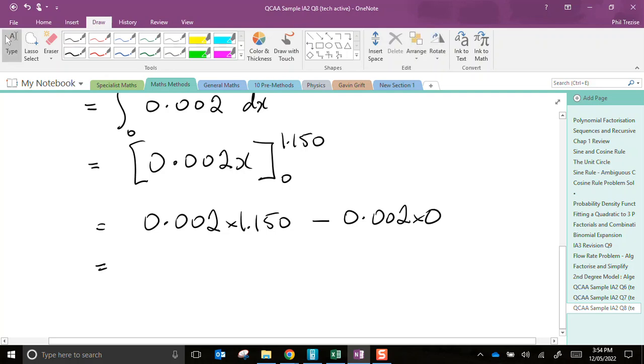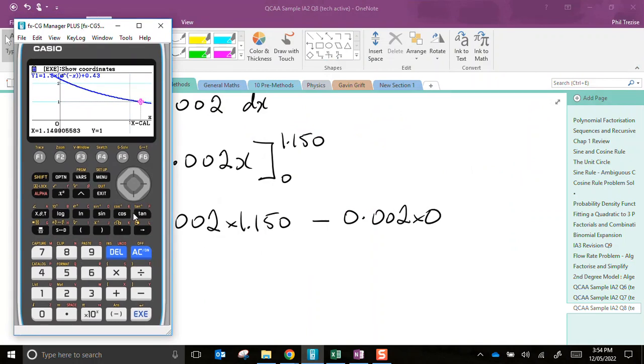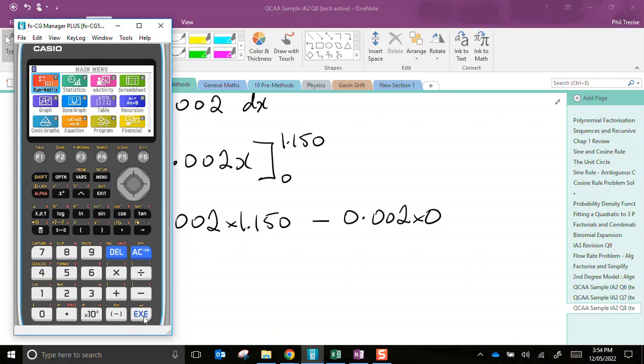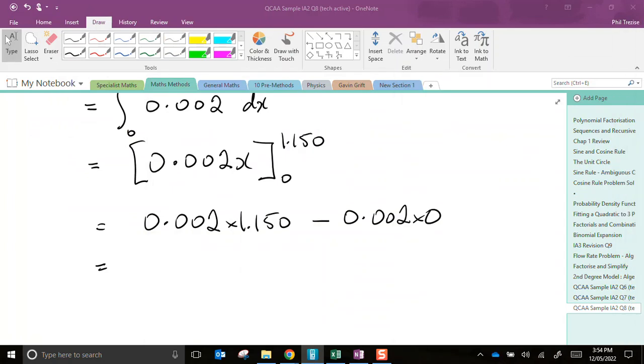And this is from the calculator, isn't it? The calculator will help me. So I will just pop back to my menu screen to perform this calculation, and it's 0.002 times 1.15. 2.3 by 10 to the power of negative 3.